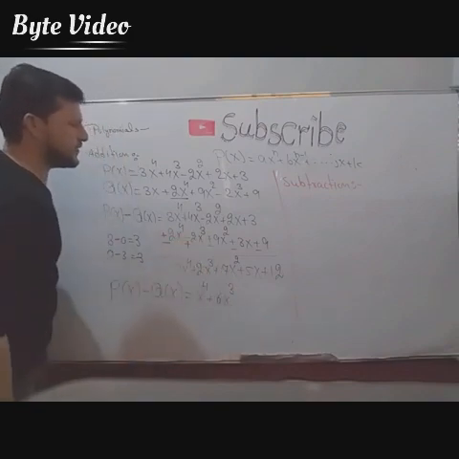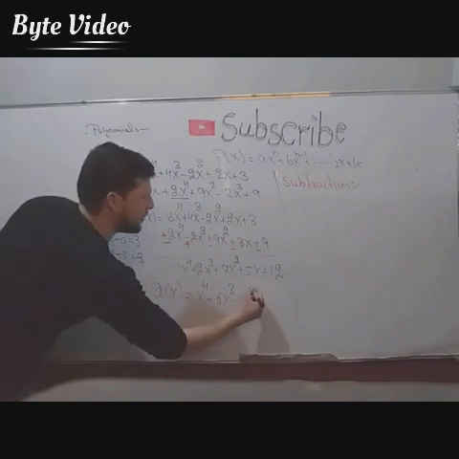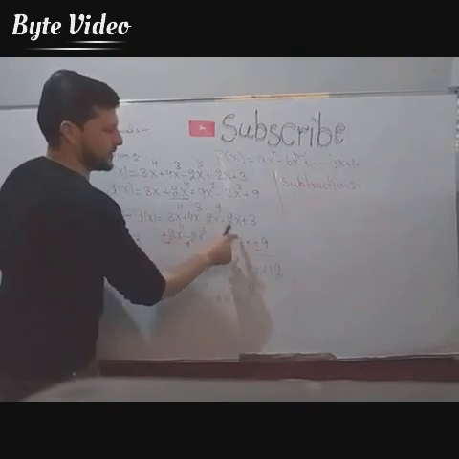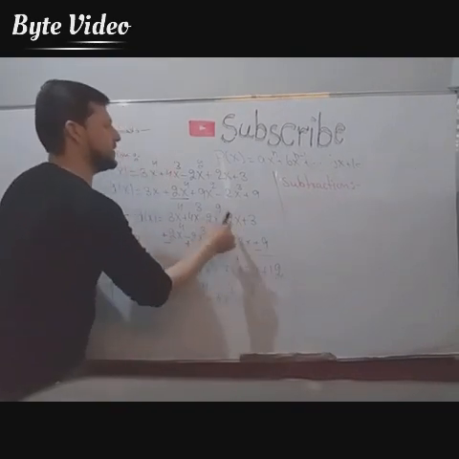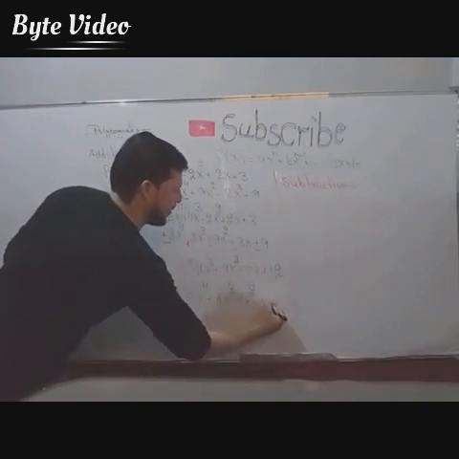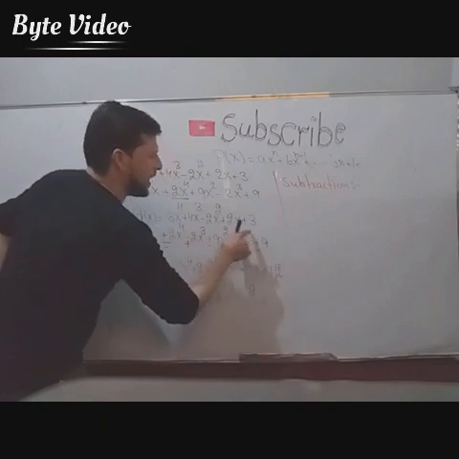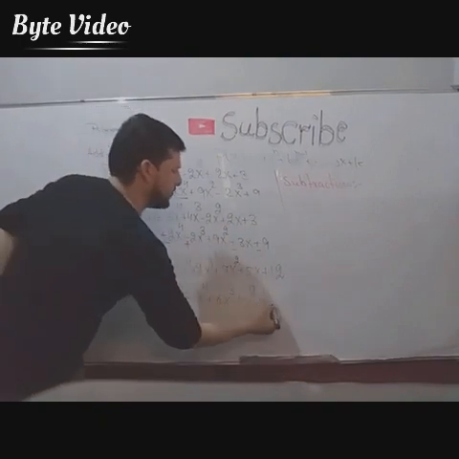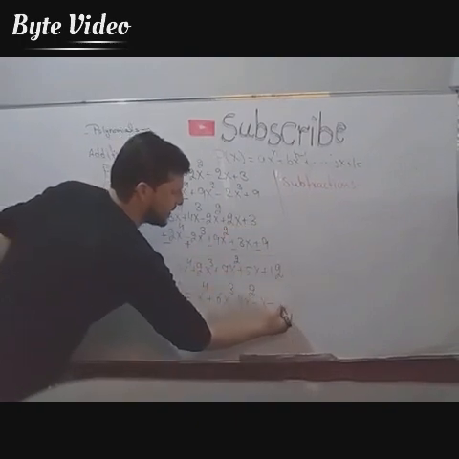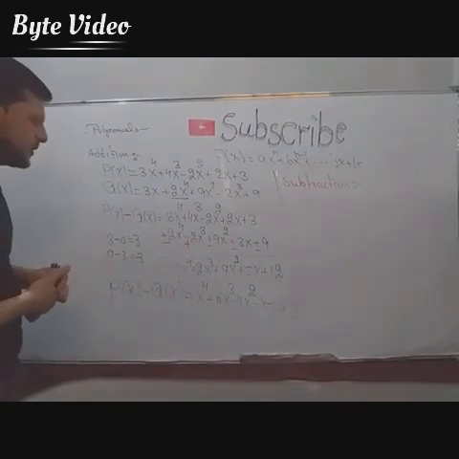Here is negative 2x to the power of 2, negative 9x to the power of 2 is equal to negative 11x to the power of 2. Negative 3x, positive 2x is equal to negative 3 minus 2 is equal to negative 1, x to the power of 1, the variable. Here is negative 9 and positive 3. So the sign belongs to the bigger number. 9 minus 3 is equal to 6. So this is the subtraction of px and qx.